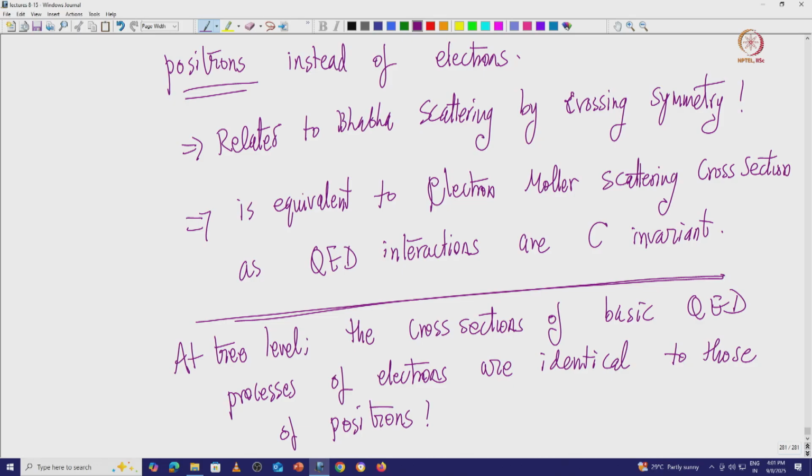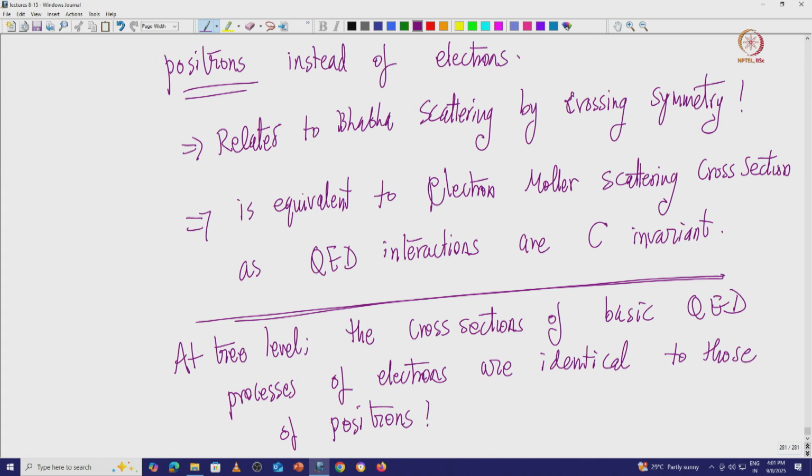That means in any process, if you are bored of electrons and then throw them away and replace them with positrons, you do not have to do a fresh calculation, you can use the same calculation that you have done for the electrons essentially.